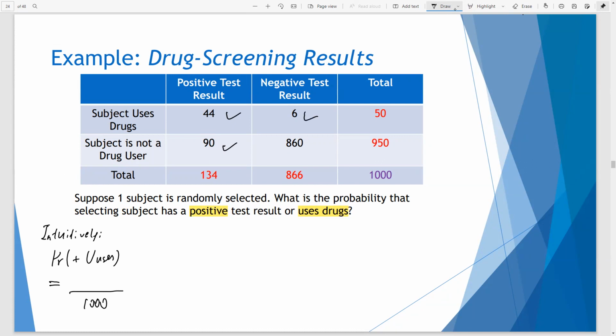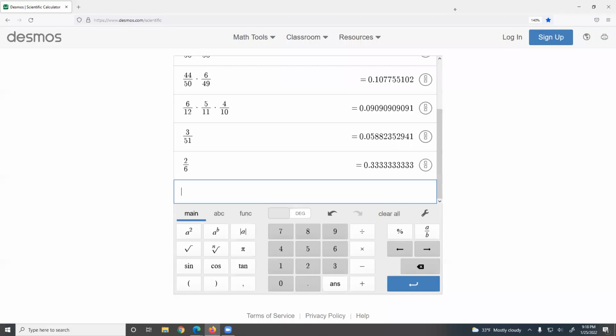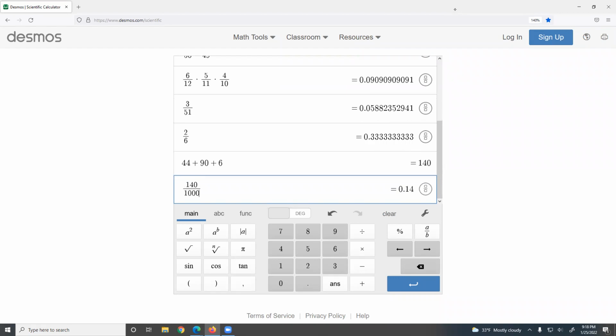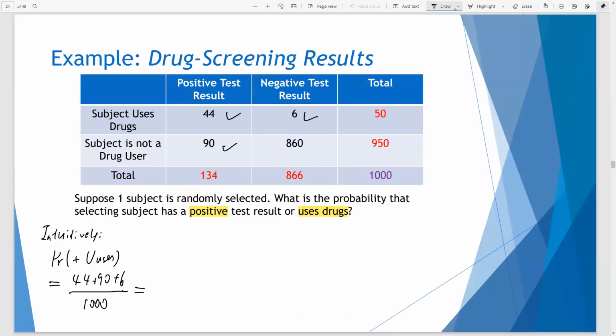So that falls in those three categories. Positive test results are 44 and 90. Those who use drugs are 44 and 6, and we cannot count one category twice. So that's 44, 90, and 6, that's 140 over 1,000, which is 0.14.